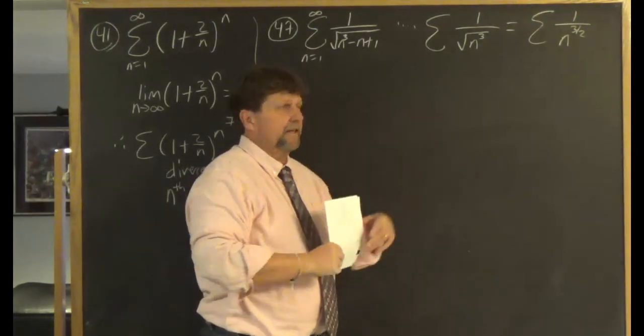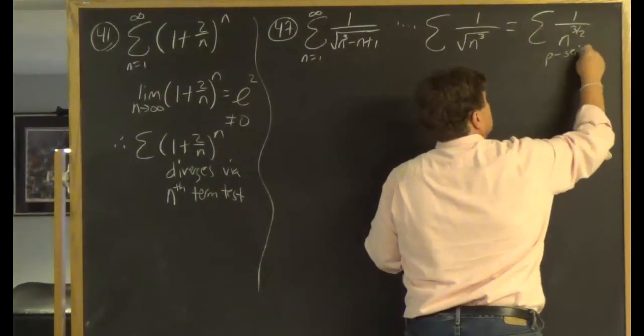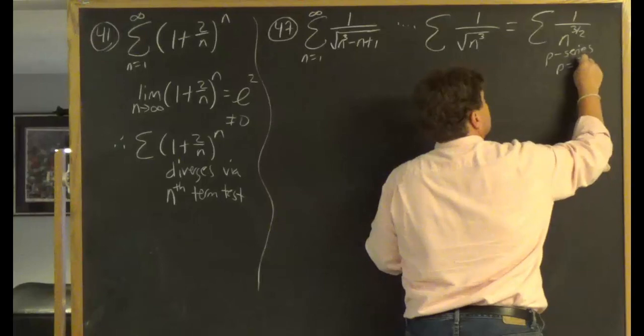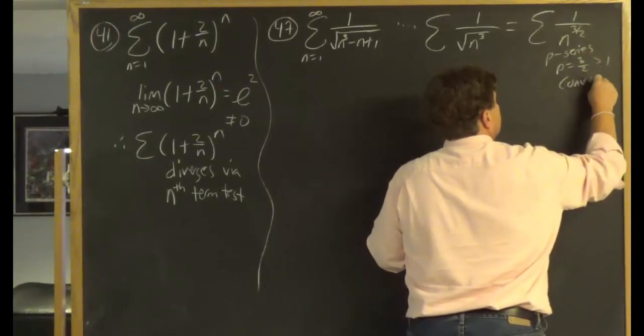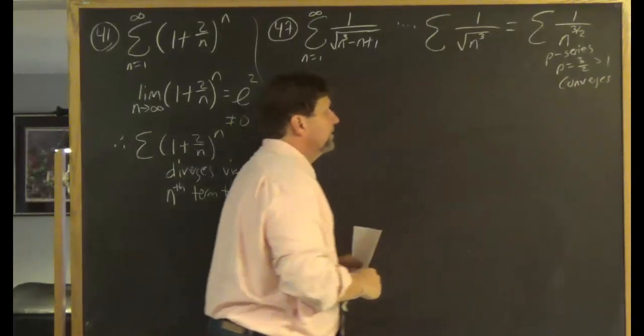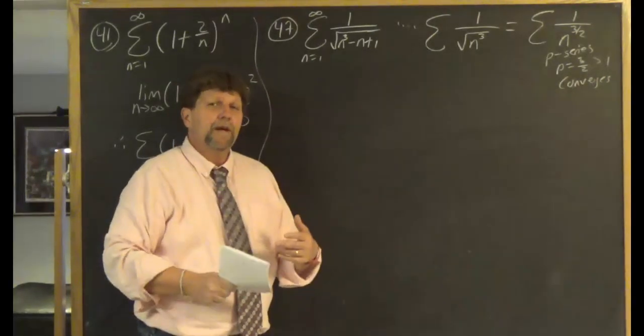We have a p-series. P is 3 halves, which is more than 1. So it converges. So this is a good candidate for the limit comparison test.